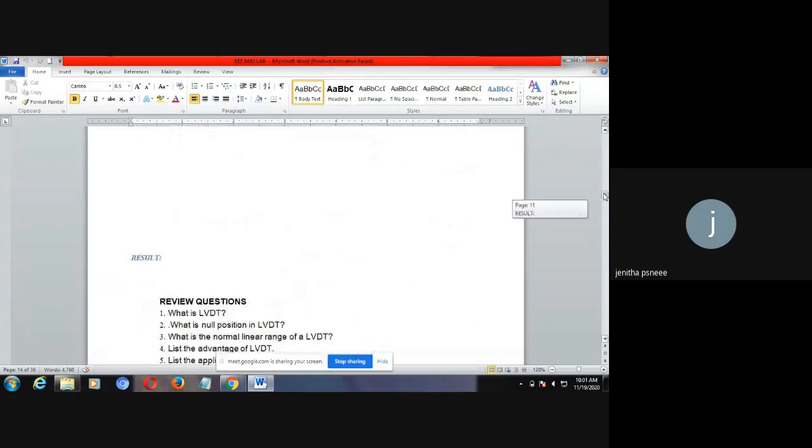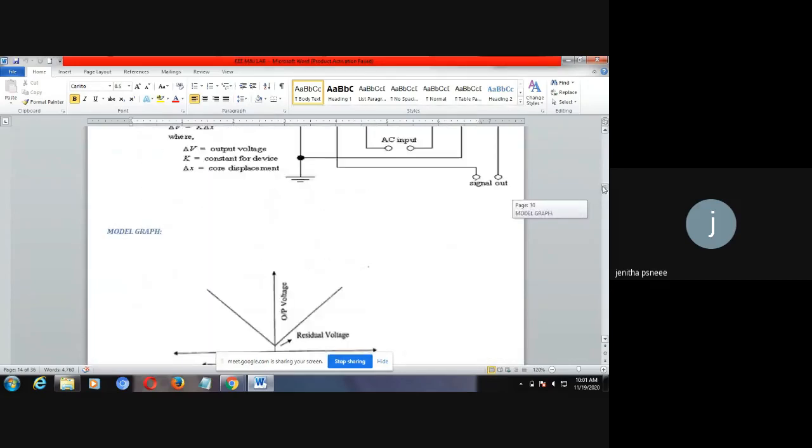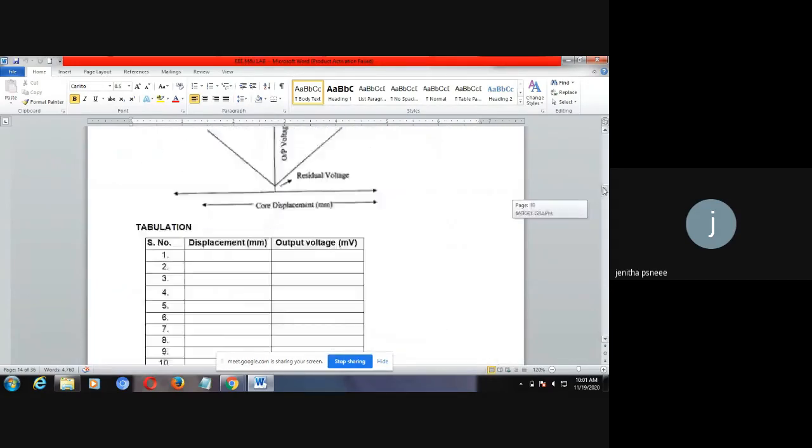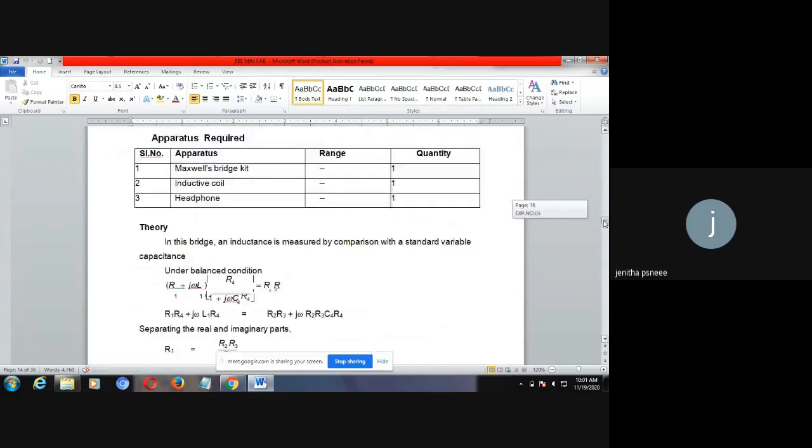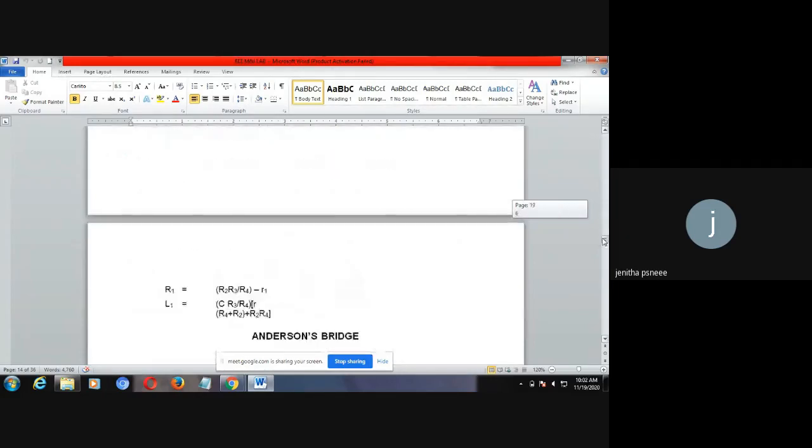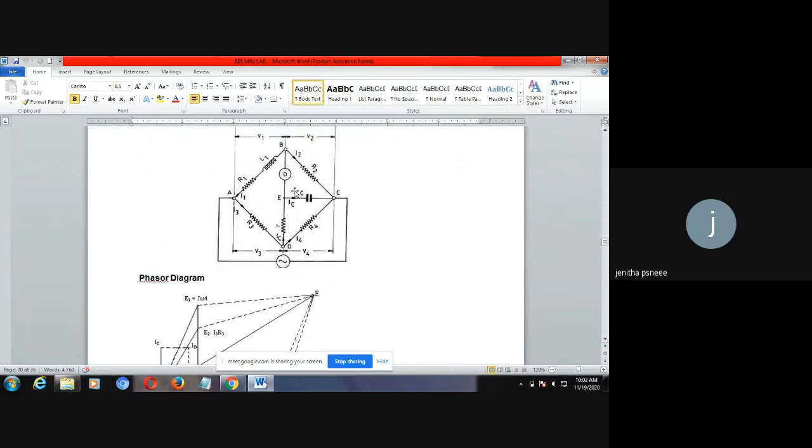Only the construction is different, and in the Anderson bridge, you will be finding the unknown value of inductance. So this is the diagram for the Anderson bridge.